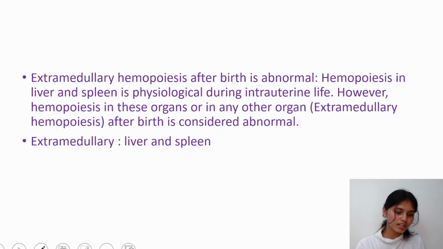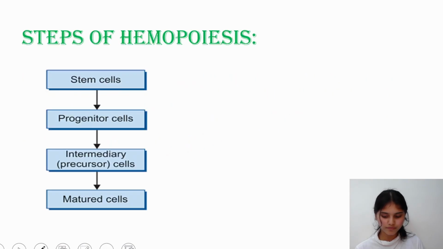However, hemopoiesis in these organs or in any other organ after birth is considered abnormal. After birth, if you find that hematopoiesis is occurring within the liver and spleen, it is abnormal. So extramedullary, liver and spleen, or any other organ, not just restricted to liver and spleen.